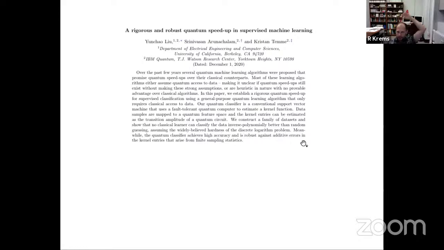So what they did basically in this paper, they started with the discrete logarithm problem that is known to be hard, and then they generated a distribution of two classes from the discrete logarithm problem.